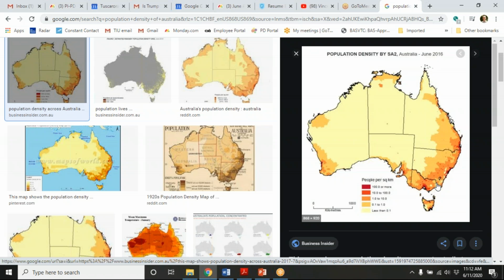So almost everyone in Australia, every human that lives in Australia, lives near the coast. Okay, right? Because the vast majority is empty, and there's little specks. Maybe that's a town, a little bit of population, little teeny specks of a little bit of color. But the vast majority of land in Australia is just empty land, 0.1 to 1 person per kilometer. Actually, less. The lightest color is less than 0.1 person per kilometer.